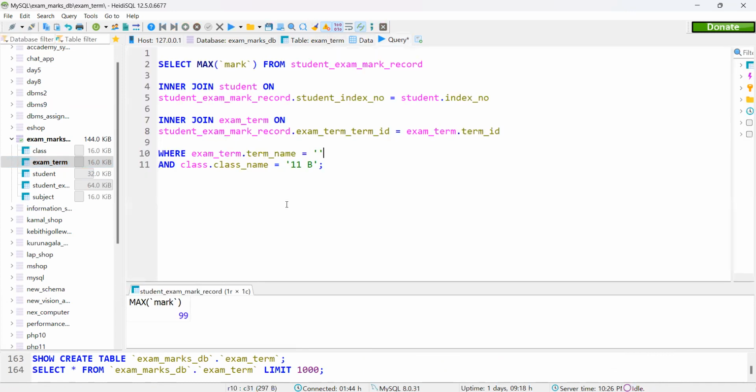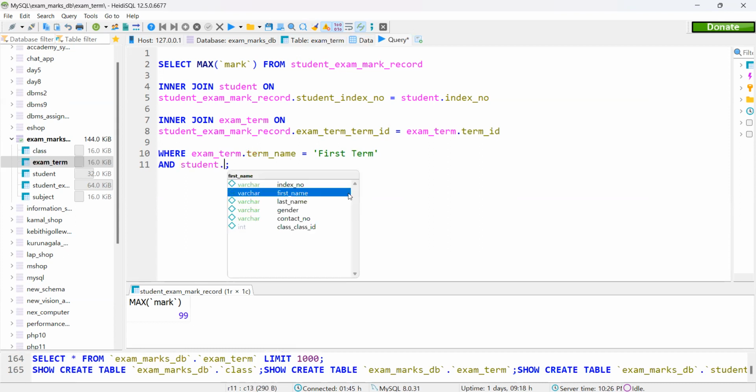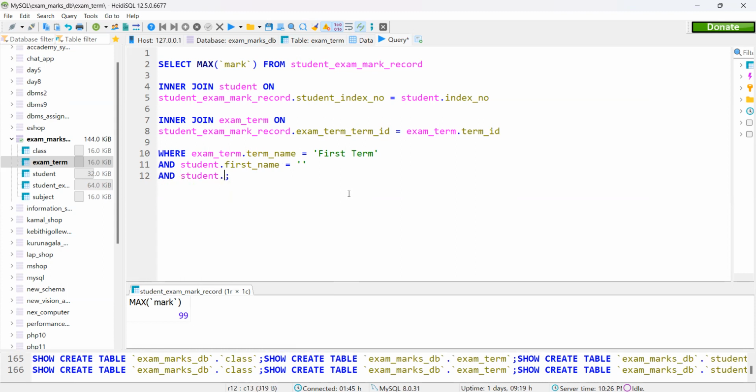We are asking which term, that subject, the highest mark. Then we have our student table first name, and student table last name.